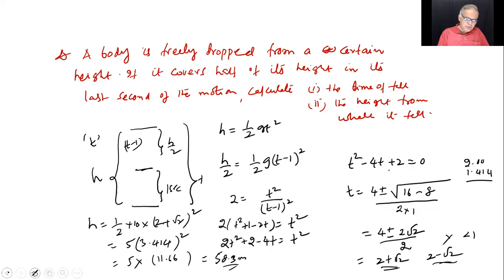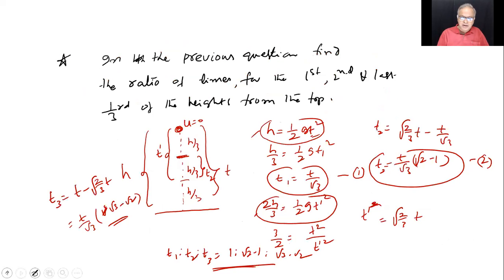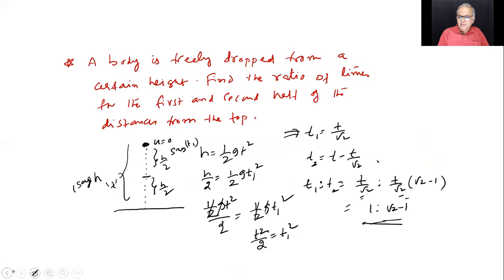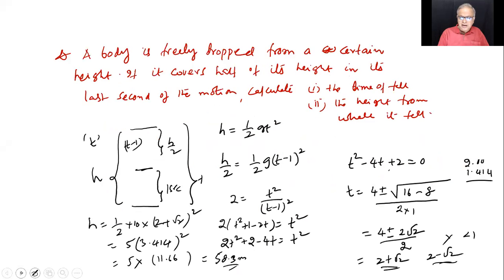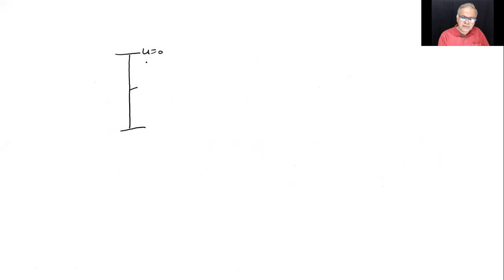Supposing somebody wanted to use this relation for half and half. What is the ratio? 1 is to root 2 minus 1, isn't it? So I will use that. Look, if the body is freely dropped from a certain height, for the first h by 2 and the next h by 2, if the total time was t, this is t by root 2.